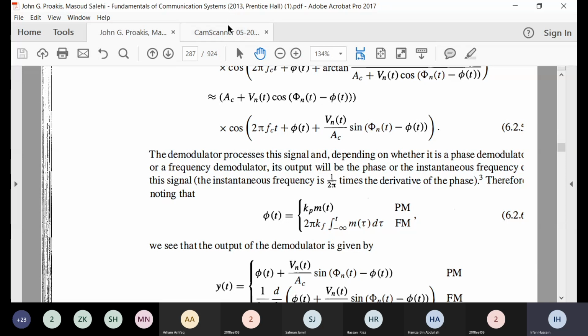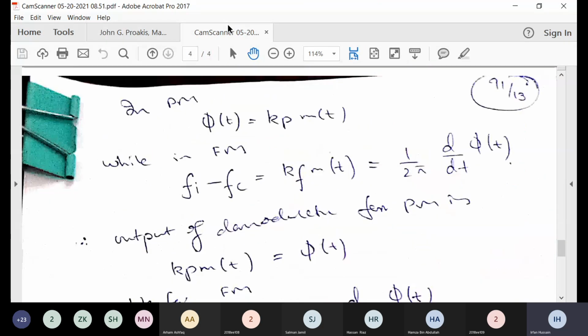So you could see from previous chapter 4 knowledge, in PM the phase is directly proportional to m(t), but in FM the difference of the instantaneous frequency is directly proportional to the message signal. All right, and this difference in frequency is 1/2 pi derivative of phi(t).